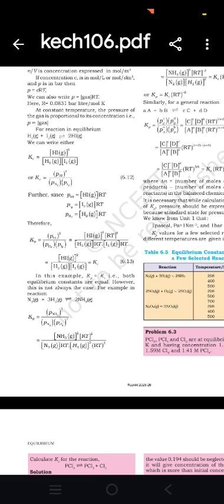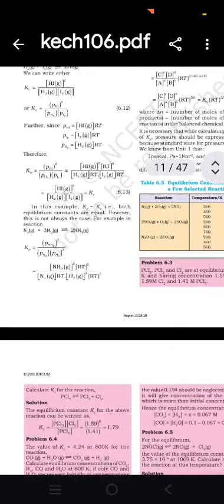For a reaction in equilibrium, H2 + I2 gives 2HI, we can write either Kc = [HI]^2 / ([H2][I2]) or Kp = (PHI)^2 / (PH2 PI2).